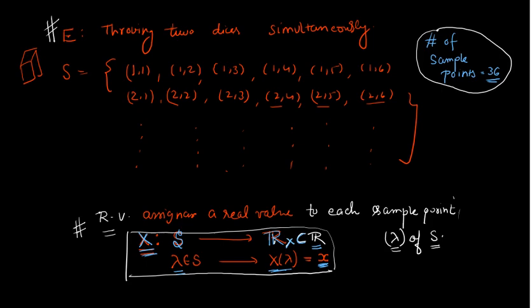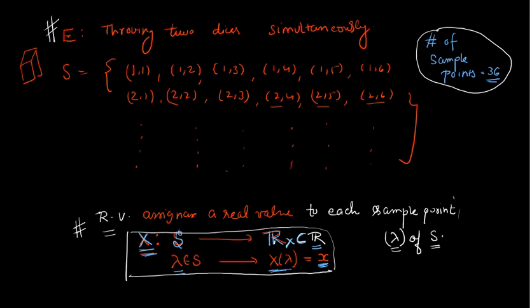Now, since we have understood the concept of sample space and sample points, we can learn the concept of a random variable. A random variable assigns a real value to each sample point. For a given random experiment, you will have a sample space, and to each sample point of that sample space, a random variable will assign a real number.